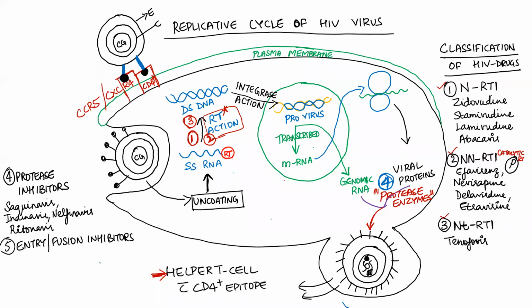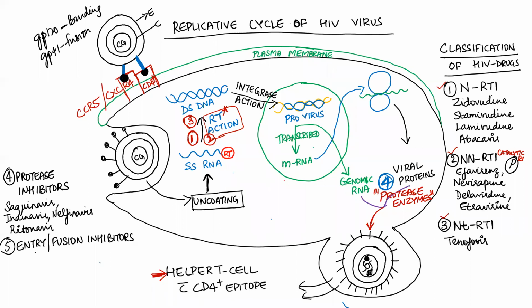Let me write it down for you: GP120, glycoprotein 120, helps in binding to the host cell, and GP41 helps in the fusion of the envelope of the HIV virus with the plasma membrane of the host.